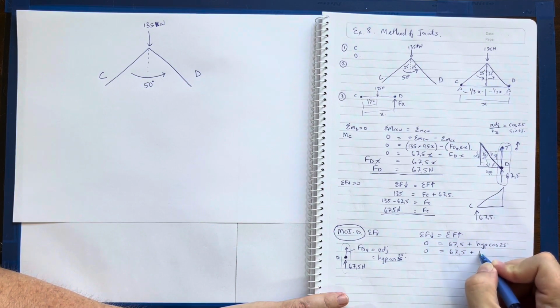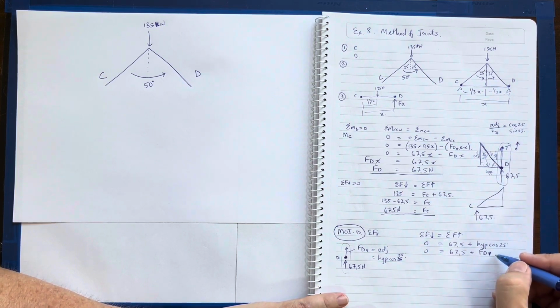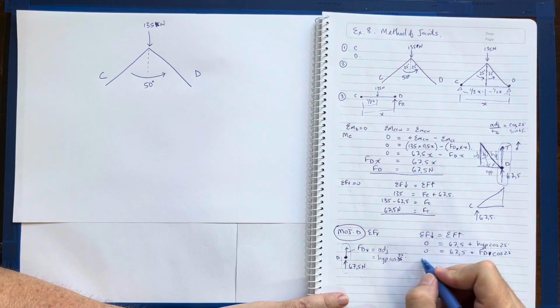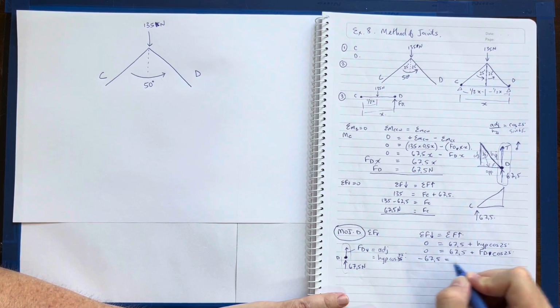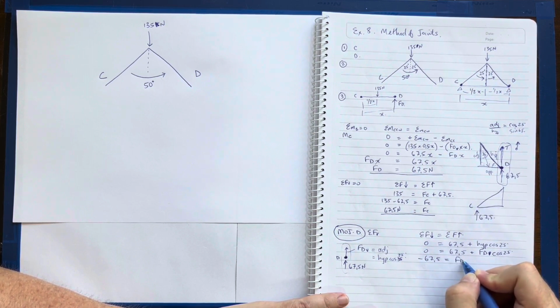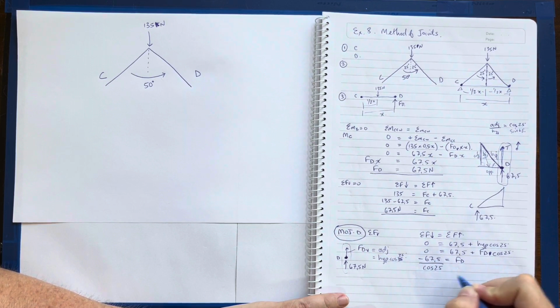So 67.5 plus force D cos 25 equals 0. Negative 67.5 equals force D cos 25, so force D is negative 67.5 divided by cos 25.